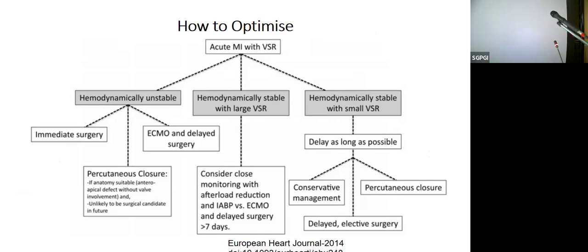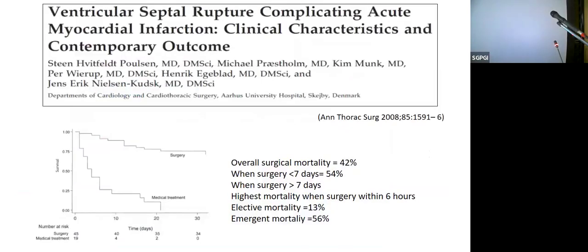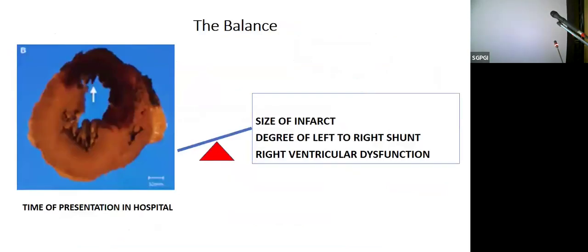So the key in post-infarct ventricular septal rupture is to optimize the patient, wait as much as possible within limits, and then operate. Why is this important, why do we have to wait? Sorry, this diagram is not that clear, but you can see this is a large infarct, and the margins of the infarct are ragged and plethoric while the infarct is happening.